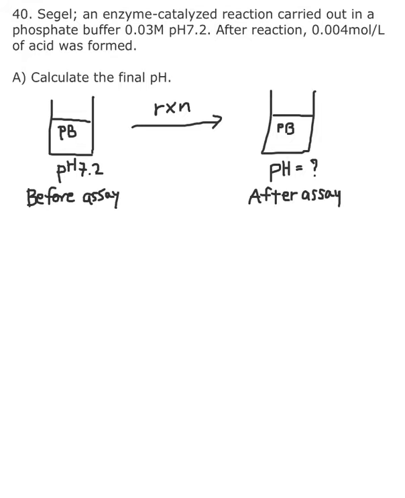apart. So first, let's imagine that before you let the reaction occur, there's a beaker containing the phosphate buffer, pH 7.2, right? So at pH 7.2, you have to think that in the process of the phosphoric acid being protonated, the pH 7.2 is actually equal to the second pKa of the phosphoric acid.